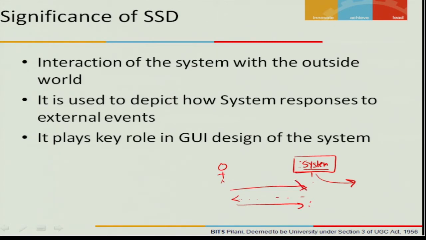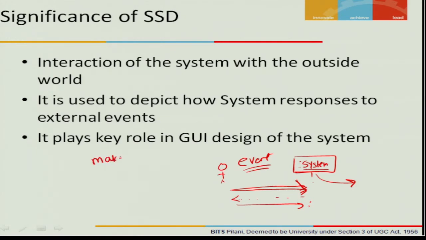If you look at SSD, it is showing different messages coming from the external world to the system. Now, whenever we say the system is a black box and external messages are coming from the actors, those messages are nothing but external events. So for example, if you look at the SSD for the point of sale case study, which are the messages inside SSD?